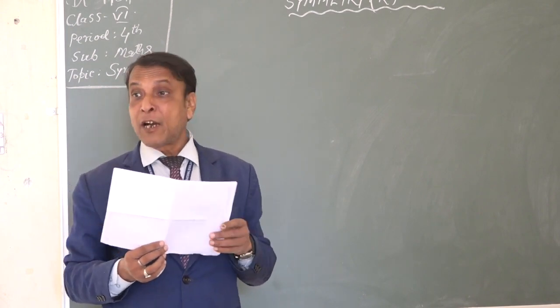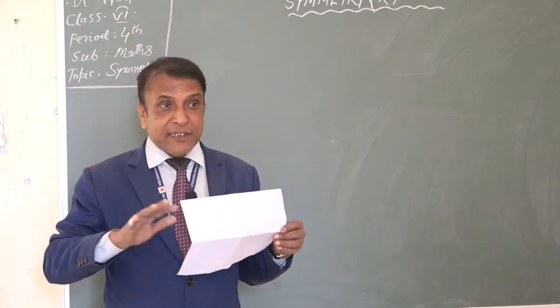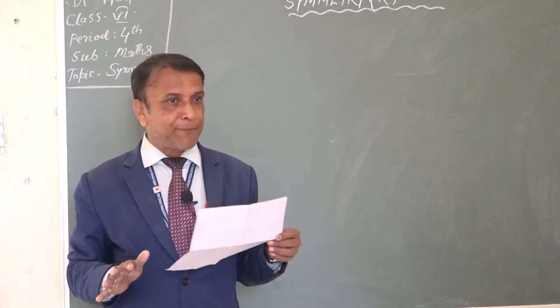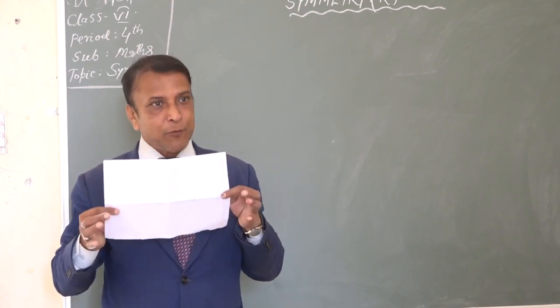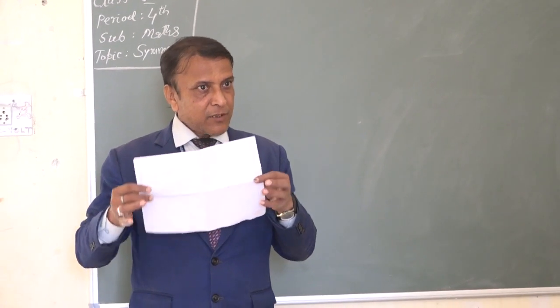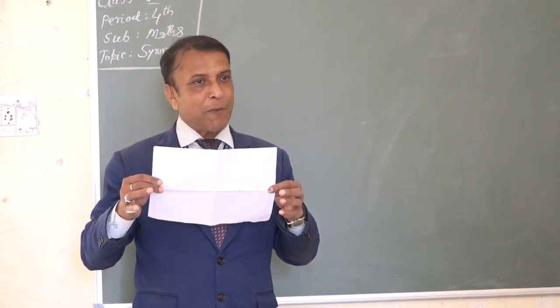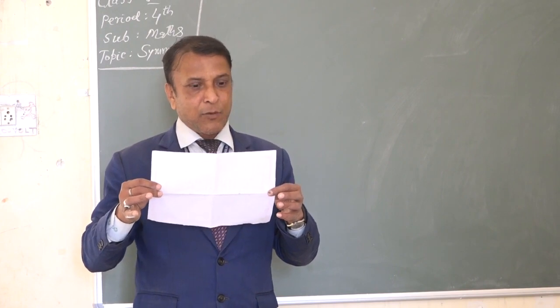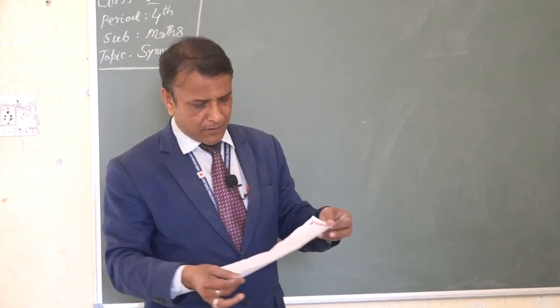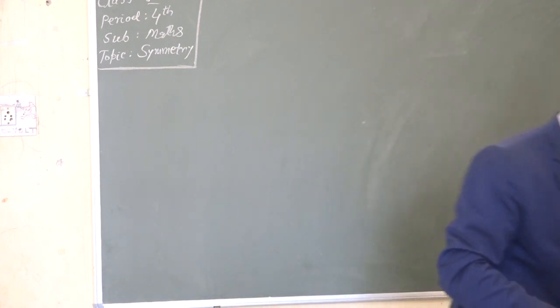And a figure can be made into two halves by any one of the axes. So this rectangle is equally divided into two parts, which is two halves. What is this? Acha.